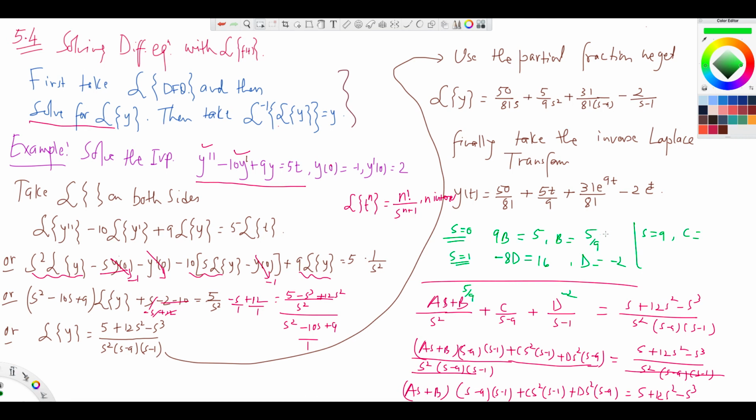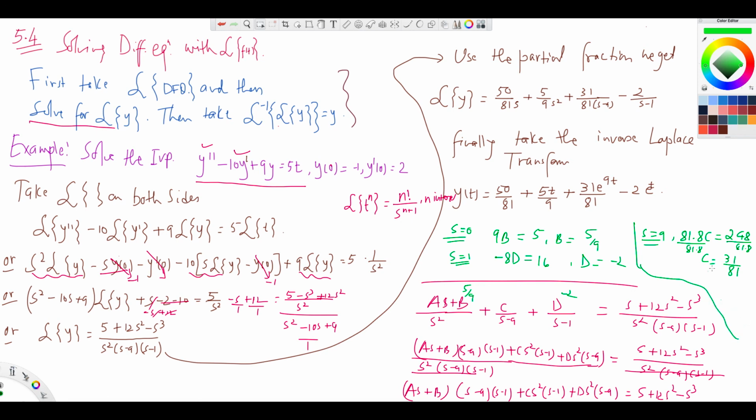So on the left side you will get 81 times 8 times c, equals, on the right side, 5 plus 12 times 9 squared minus 9 cubed, right? And then you will get c equals 31 over 81. This is what you get for c.